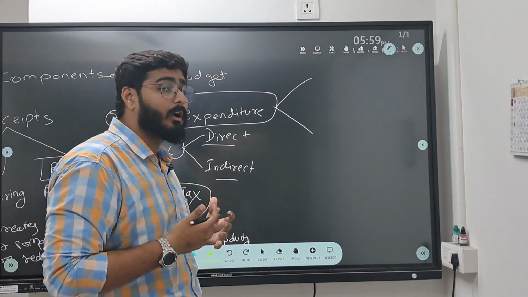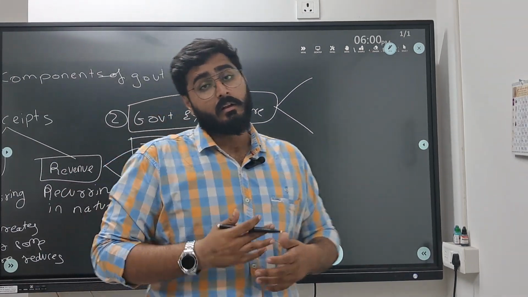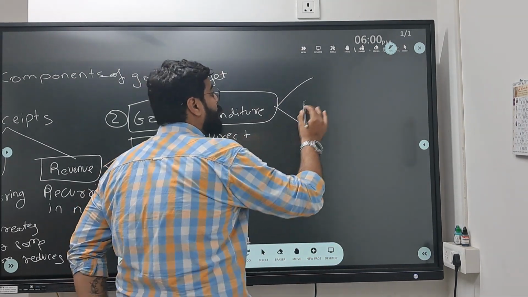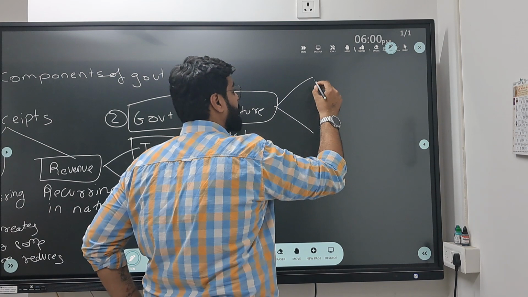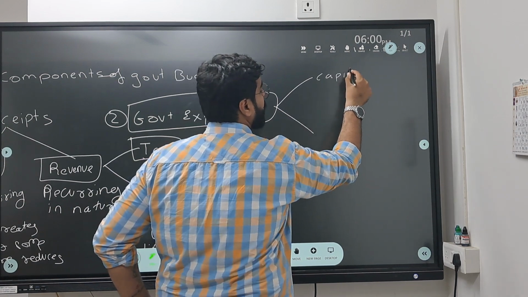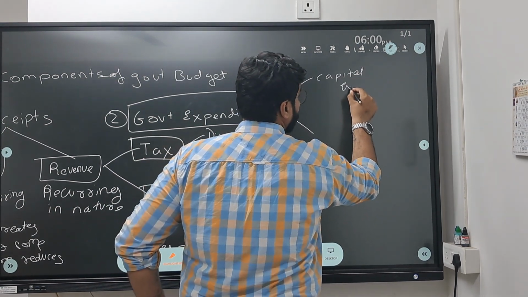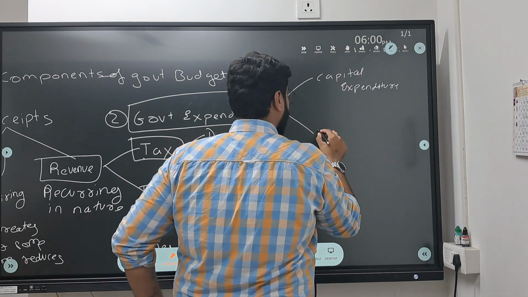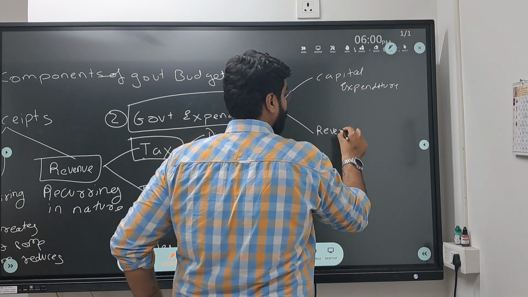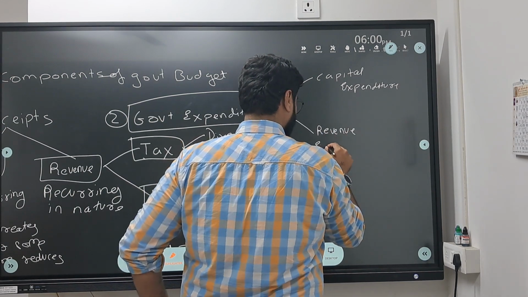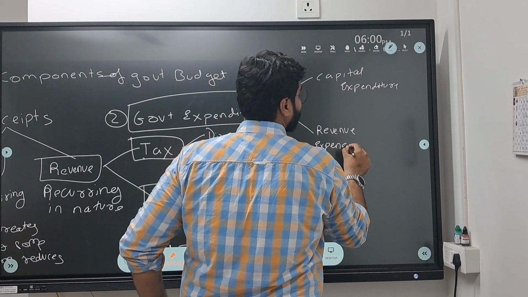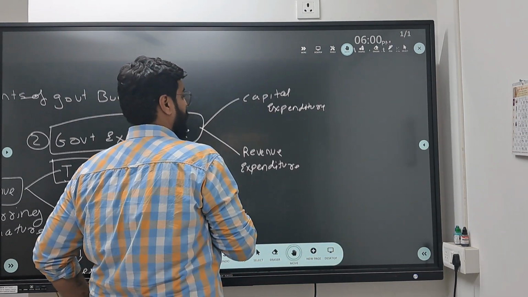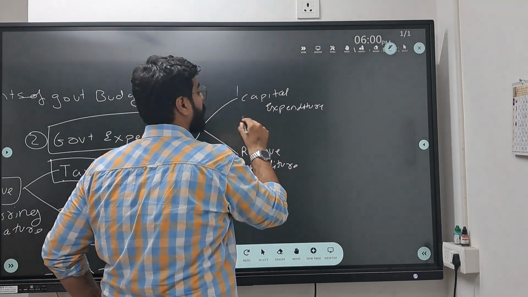So yes, when the government is looking after so many things, the government expenditure is going to increase. Again, there are two types of government expenditure: capital expenditure and revenue expenditure. Capital expenditure is the one which is not recurring in nature.